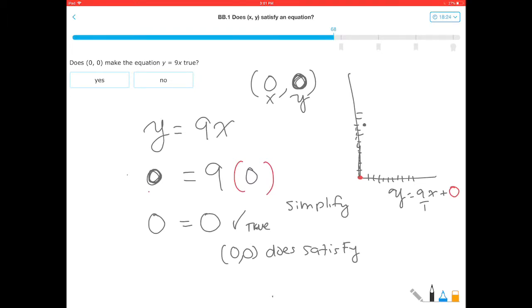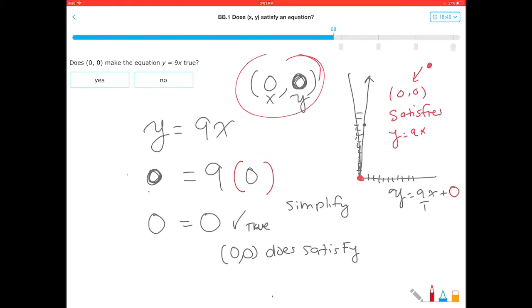And there is my line. Is (0, 0) on the line? Yeah, that's where it begins. So (0, 0) satisfies y equals 9x. The point fits on the line.